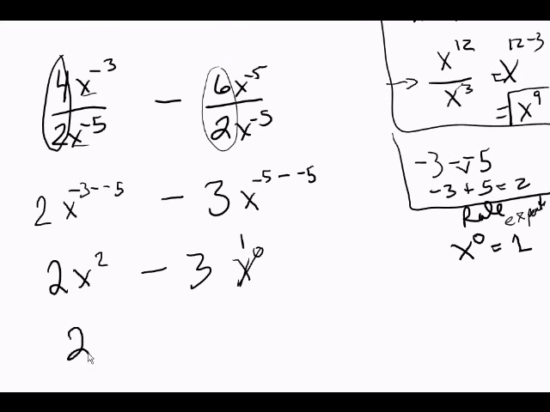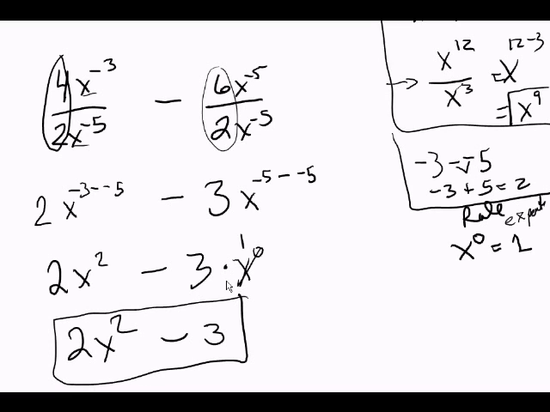Okay. So this x to the 0 power really equals 1. So my answer is going to be 2x squared minus 3 times, when it's really 3 times x to the 0 power. 3 times 1, which is 3. So this is our answer. You see how this changes to x to the 0 power. So it's 3 times 1, because x to the 0 power really equals 1.